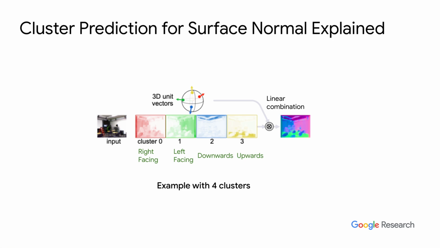The 4 probability maps, the colorful maps here, represent the predicted probability distribution across different vector directions, such as right-facing, left-facing, downwards, and upwards. The probability maps are linearly combined with their corresponding 3D unit vectors to produce the final continuous surface normal map.